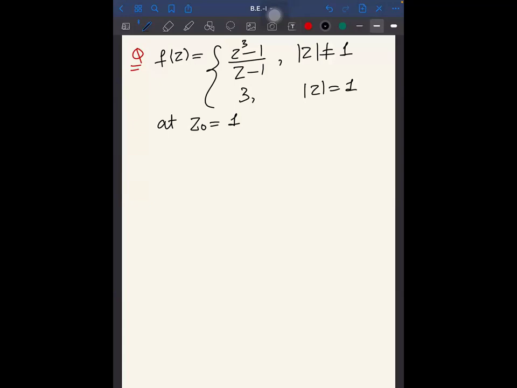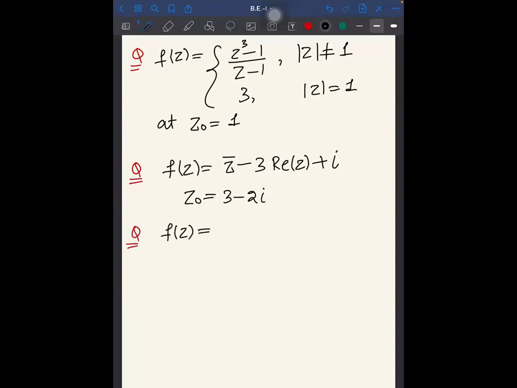Next is f(z) is equal to z bar minus 3 times the real part of z plus iota, and z naught is equal to 3 minus 2 iota. Next is f(z) is equal to real part of z upon z plus iota z minus 2z square, z naught is equal to e to the iota pi by 4, right?